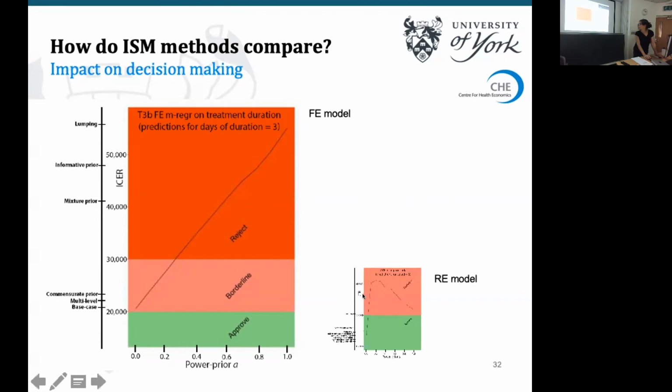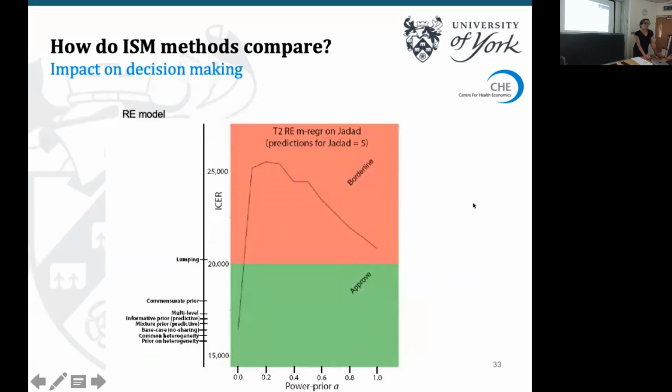The random effects model, this is a little one because I have the full one next slide, but just for you to see that, as we've seen, the impact of sharing isn't that wide, as you've seen from the actual distributions of the relative effectiveness estimates.